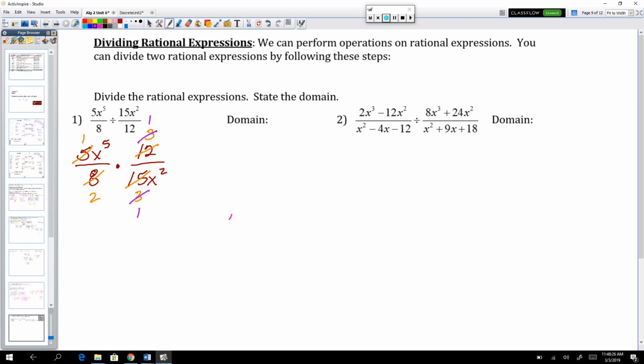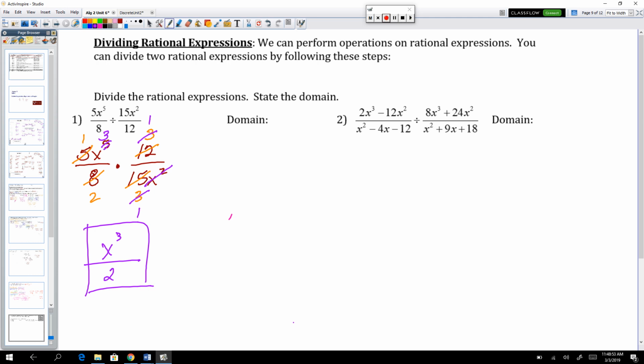The x squared and x to the 5th, remember that x to the 5th on top and x squared on the bottom leaves x to the 3rd on top. So our simplified expression is 1 times x to the 3rd over 2. That is the simplified version of that division problem.